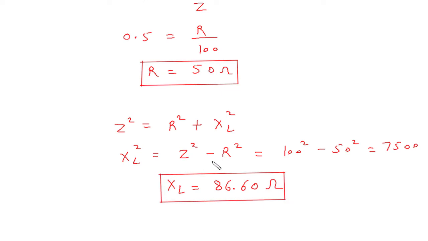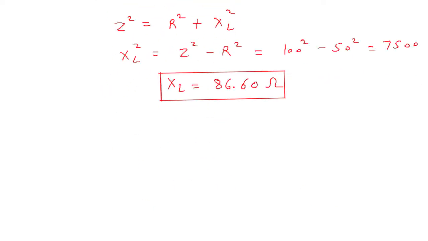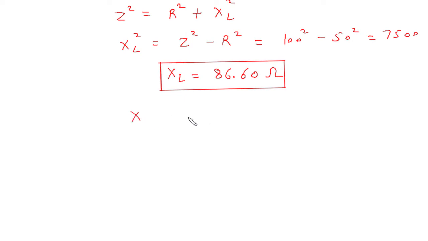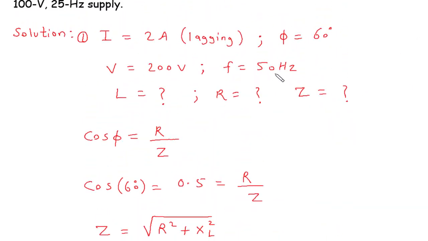Now from this XL we can find the value of inductance L. XL is equal to 2 pi FL. So 86.60 is equal to 2 pi F into L. F is given, F is 50 Hertz.